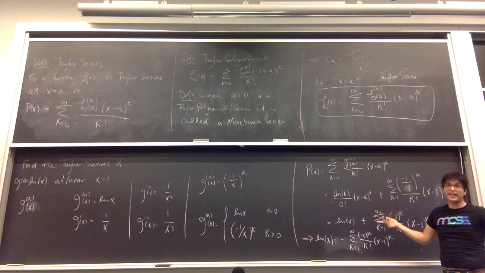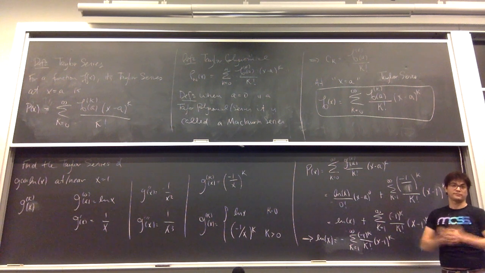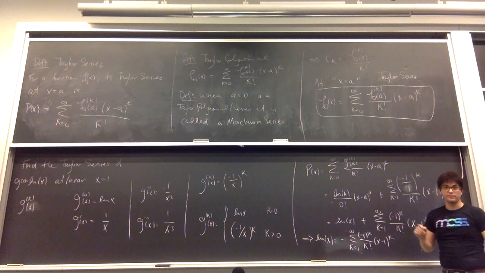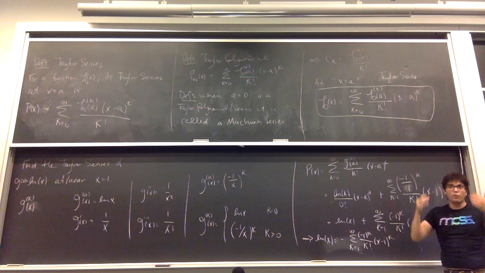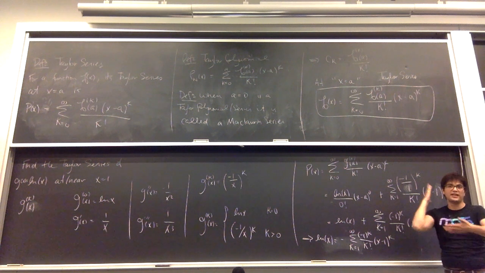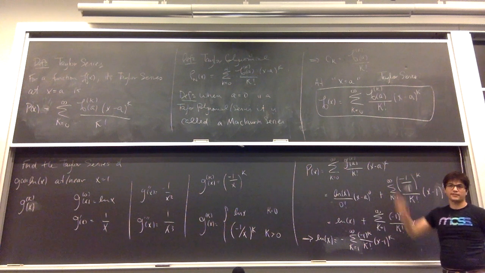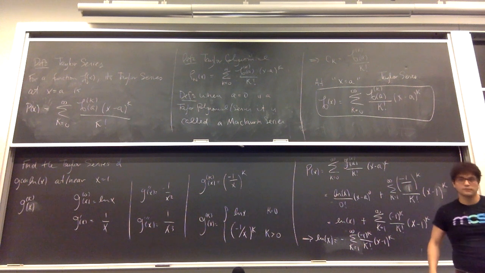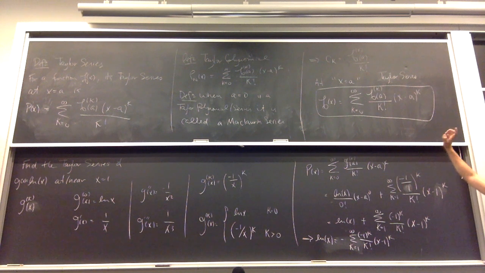Once you determine what the kth derivative is, you just stick it into that equation. And then you have a polynomial approximation to an arbitrary function near a center, the center being a. But practically speaking, you just have to find the kth derivative of the function. And once you've done that, there's nothing else to do.